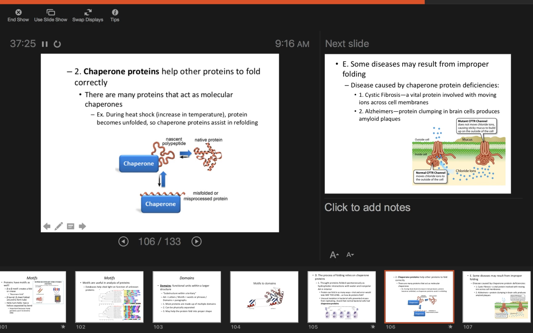An example would be if I were to take a solution that has an enzyme in it, and enzymes are proteins, and heat shock it, which means I just increase the temperature. Well, proteins are going to become unfolded, and it may not work right. But if I add some chaperone proteins to the mix, it will assist in the refolding, and the protein will be functional again.